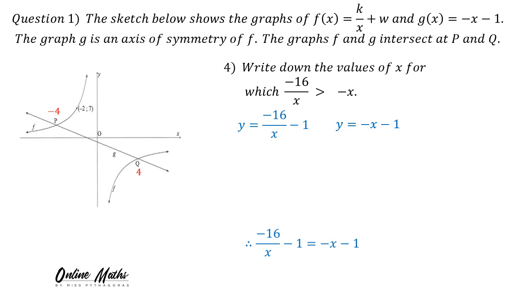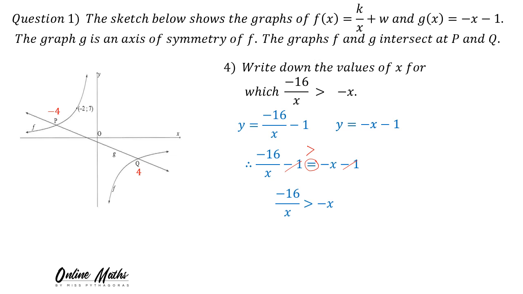Now when we equated the two like that in the previous sum, we ended with this: minus 16 over x minus 1 is equal to minus x minus 1. So now this we can cancel out, and then we are just left with minus 16 over x equals minus x. So what the question did was they replaced the equal sign with a greater than. So now we ended with minus 16 over x greater than minus x.